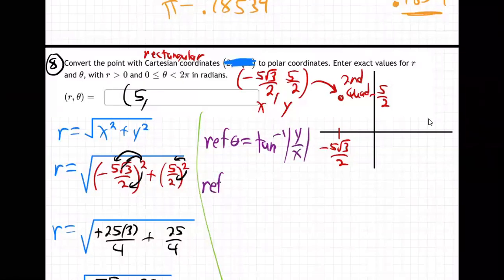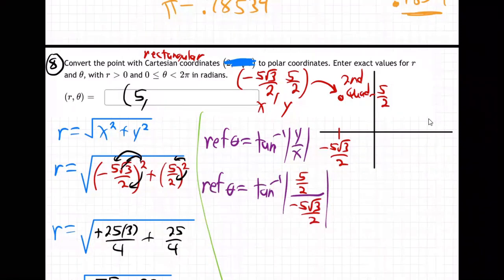What's y? 5 over 2, over x, which is negative 5 root 3 over 2. So it's y over x, like that.